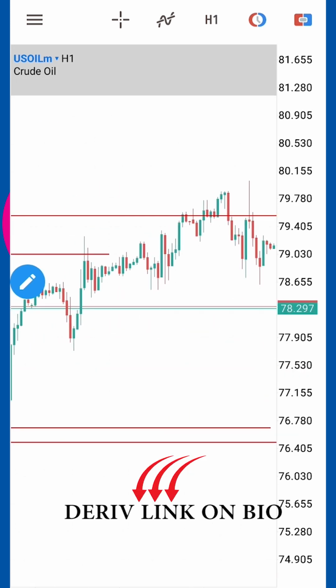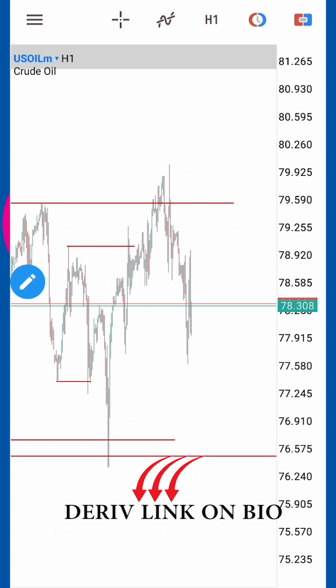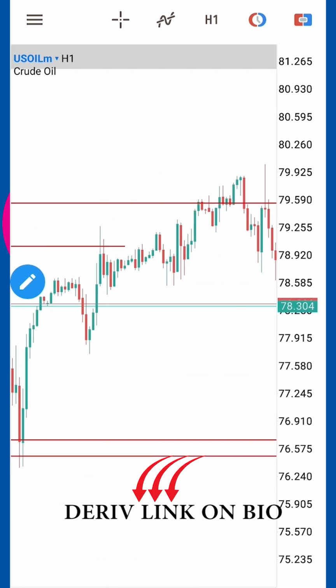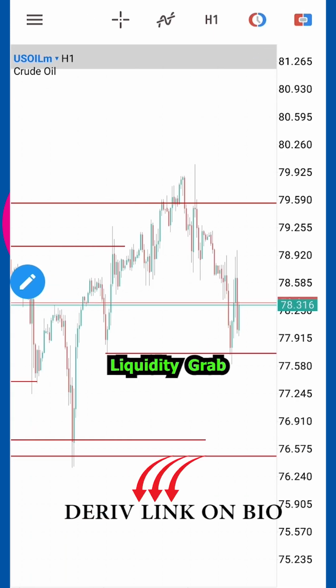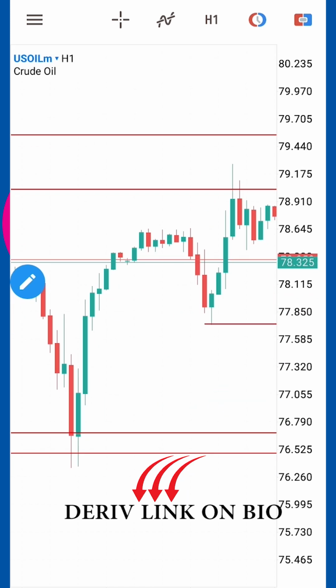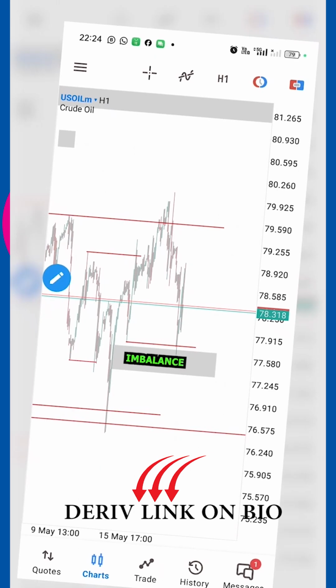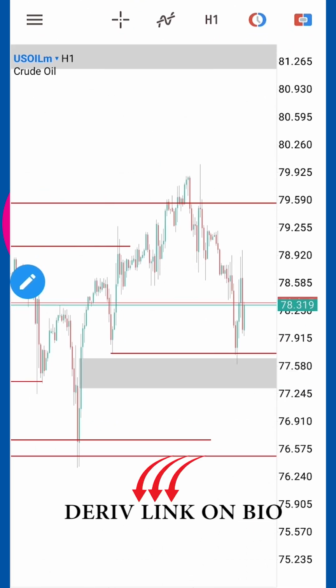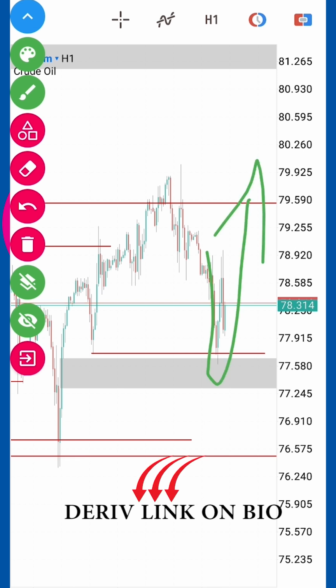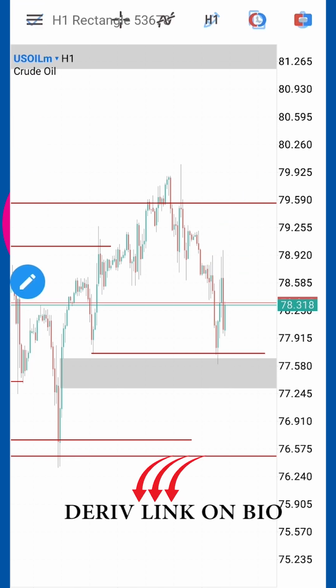And of course after price breaks structure it has to return back down into the range and then continue the move up. So we can see that price made a liquidity grab below that low, but it did not manage to fill the imbalance. So my guess is price has to shoot back down to completely fill the fair value gap and then shoot up.